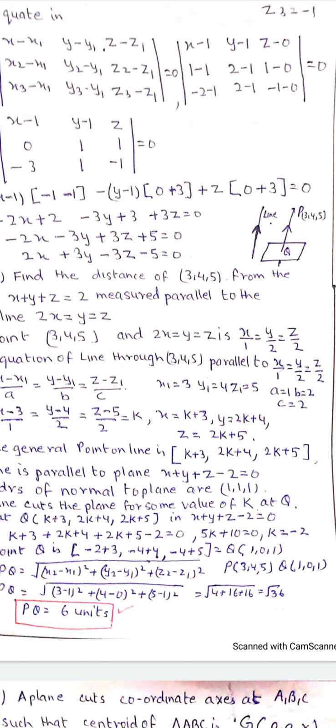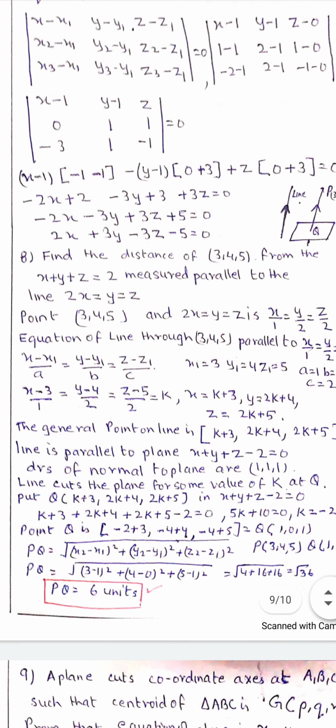So at point Q we can substitute the general point in the equation of the plane. The equation of the plane is x plus y plus z minus 2 equal to 0. So what is the general point?